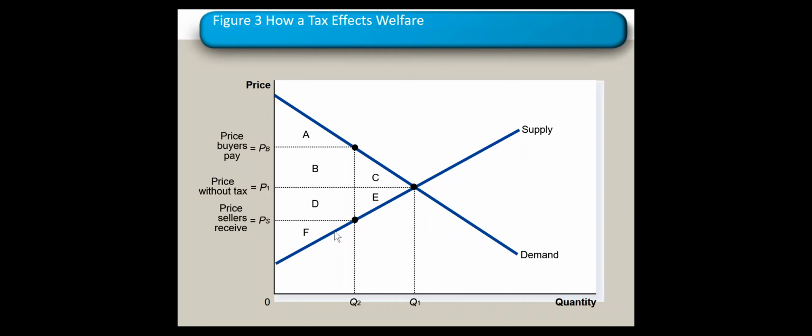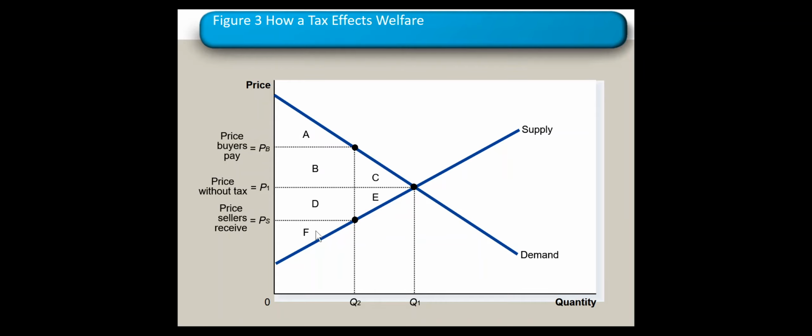Now why are we marking those? What's the consumer surplus? The area between the price paid by buyers and below the demand curve, so it's A. Initially, without tax, it was A plus B plus C, this big triangle. Now it's reduced or shrunk to A. That means we have some loss. We will speak about that loss.